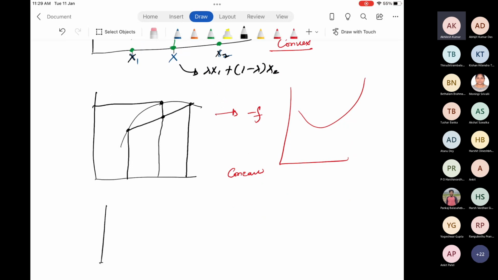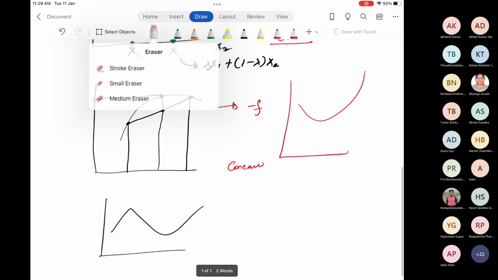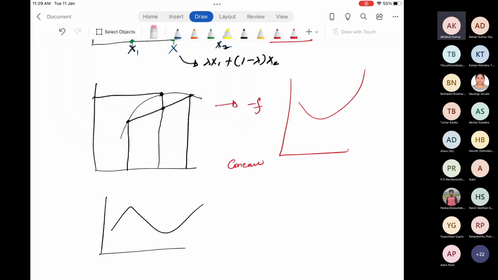What about this one? Is it a convex function? No, sir. It is not a convex function.